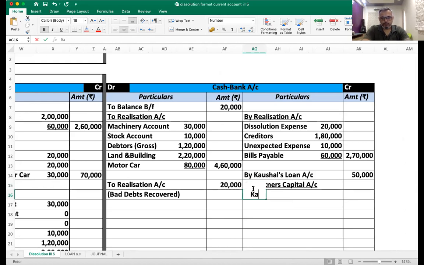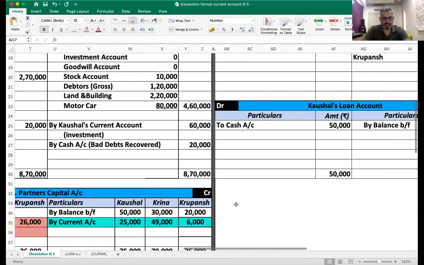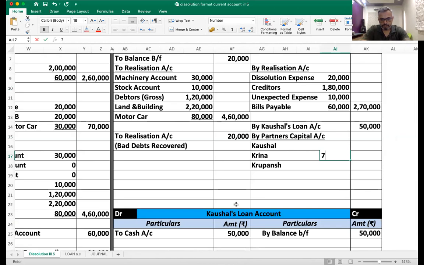So write the name Kaushal, Reena, Punch. We write the amount 75,000, 79,000, 26,000. Do the total, 1,80,000.